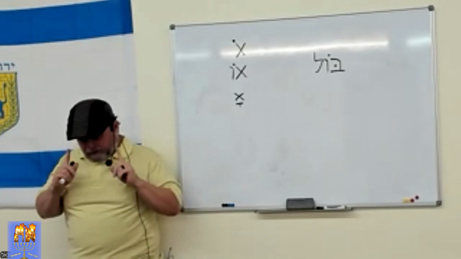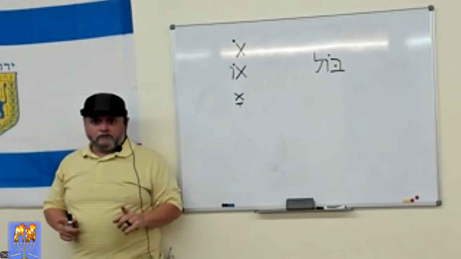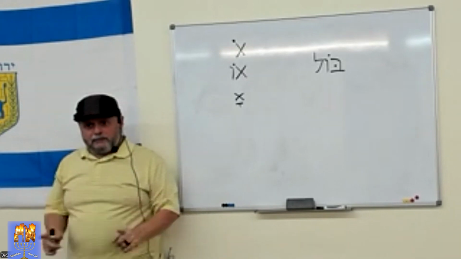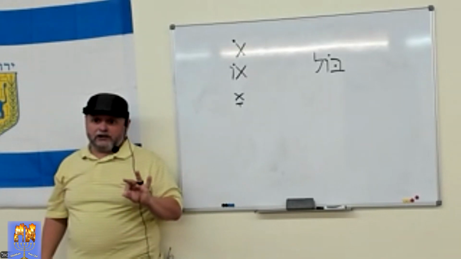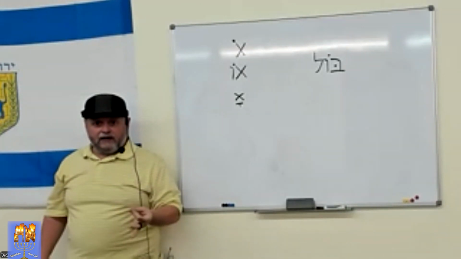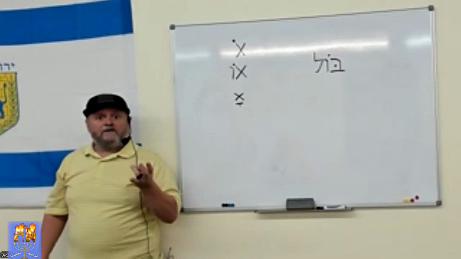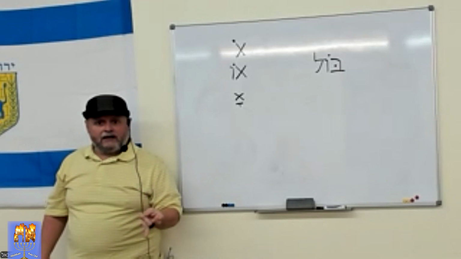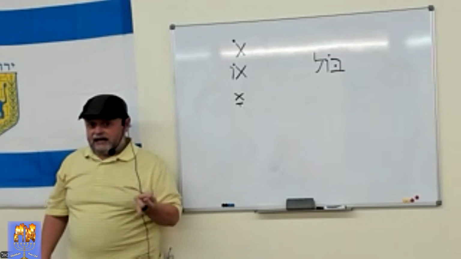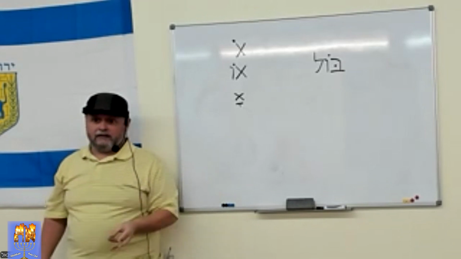Now, it was 6 letters biblically. In modern speech, only 3 of them change their sound. That would be the Chaf versus the Kaf, the Fe versus the Pei, right? And what's the last one? The Veit versus the Beit.